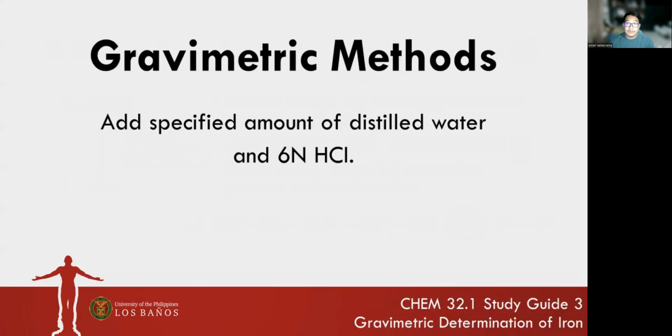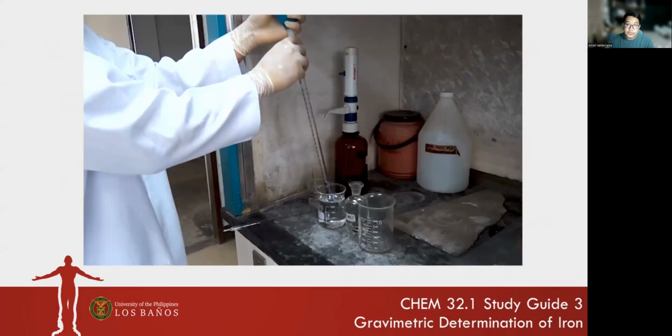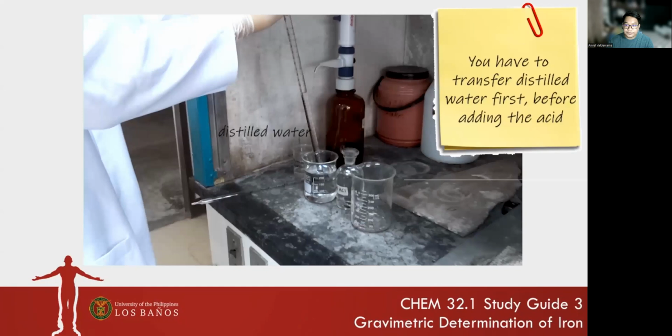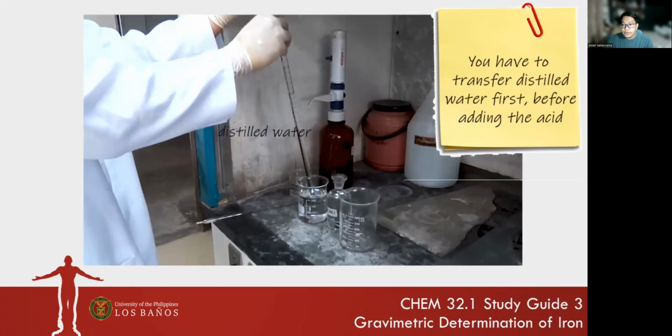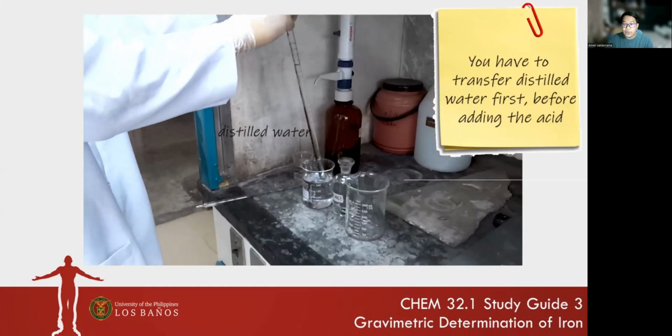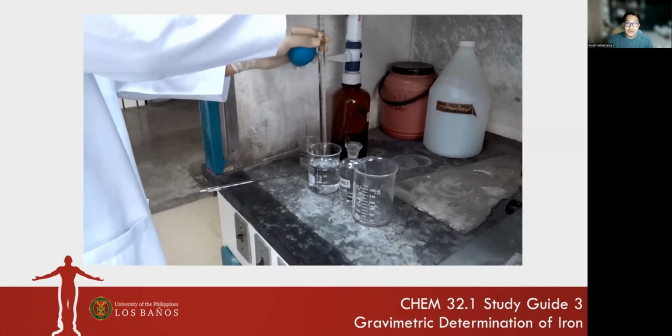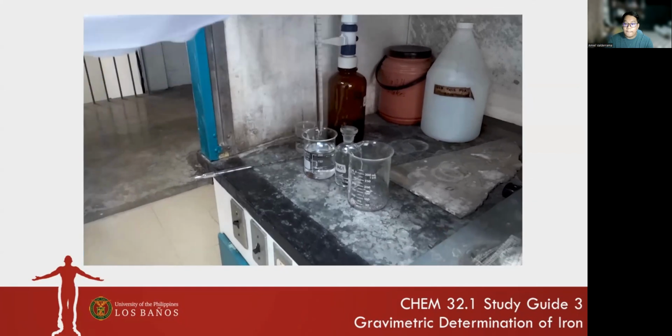for the addition of 6-normal hydrochloric acid and subsequent addition of concentrated nitric acid. So in this case, we will be dispensing distilled water that will serve as your initial solvent for your sample.